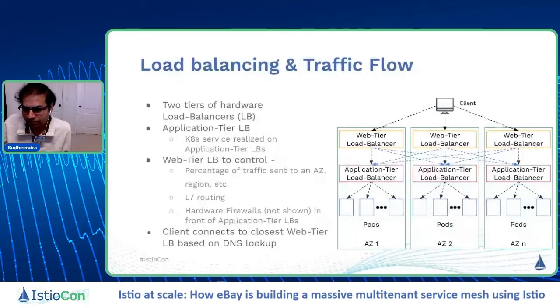If we want to take out all the traffic for a particular application from AZ1, the controls here will make sure that the percentage of traffic going here becomes 0, and it's spread across the other two availability zones, as an example. And the client, through DNS, connects to the closest web tier load balancer.